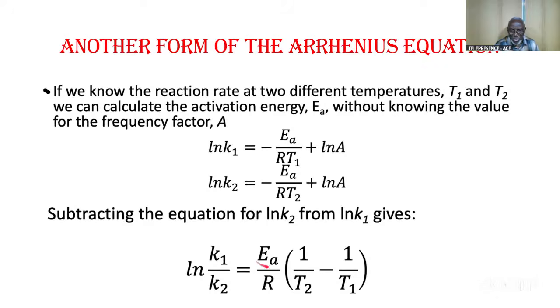But in this case, we don't need to know the frequency factor. If we know the rate at different temperatures, you can calculate the activation energy without knowing frequency factor A, which is the Arrhenius constant. So there will be some problems we will work that will determine that.